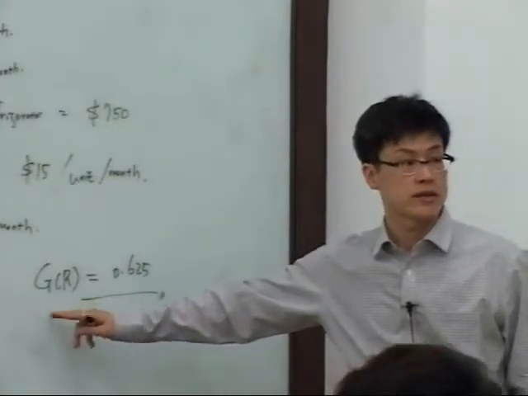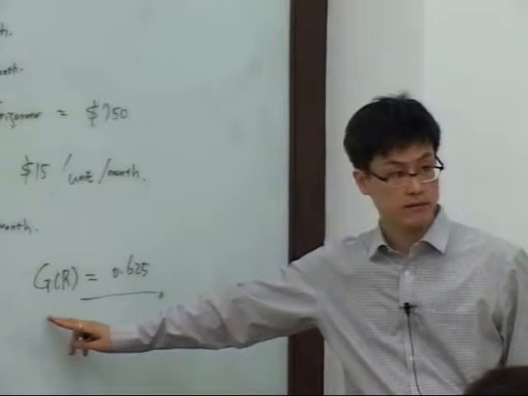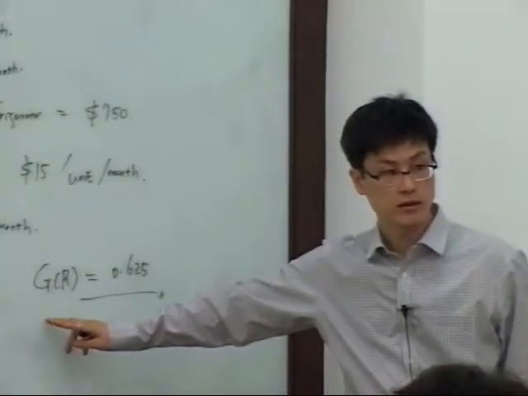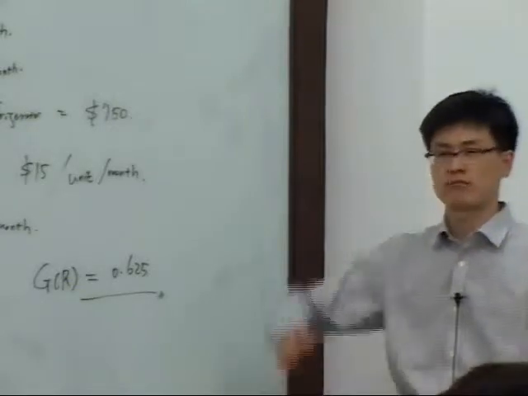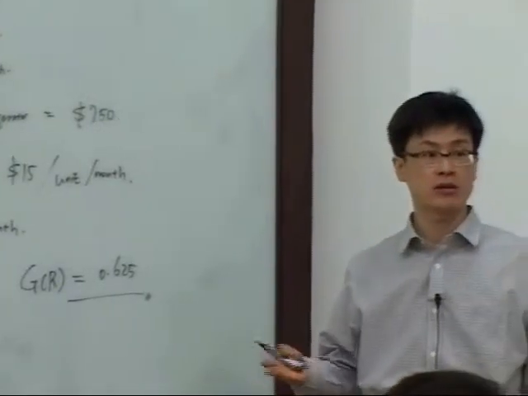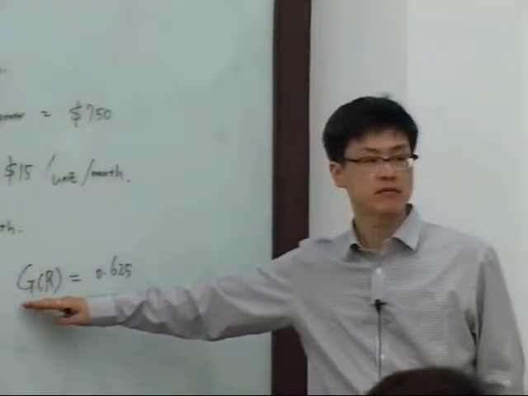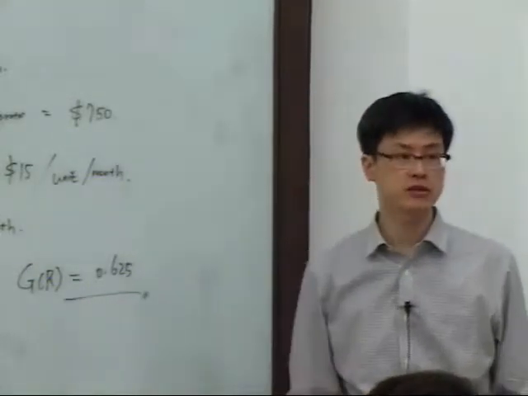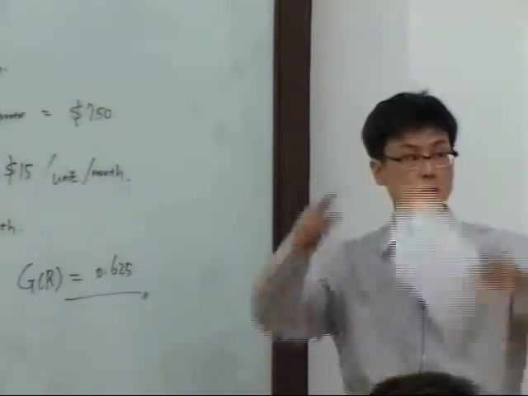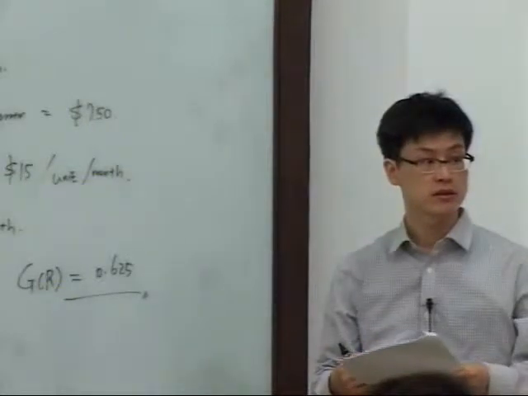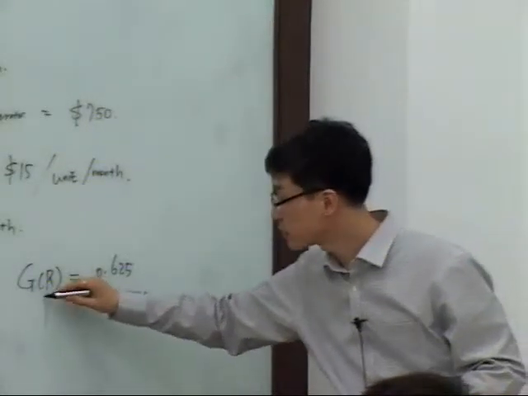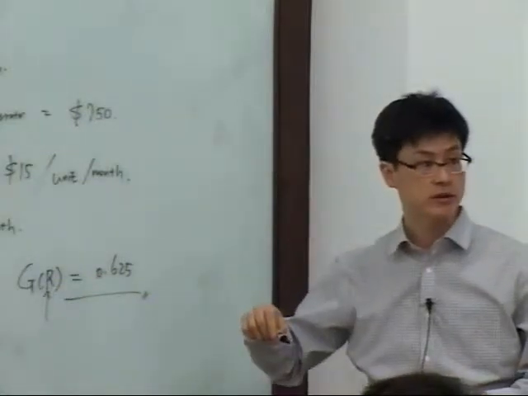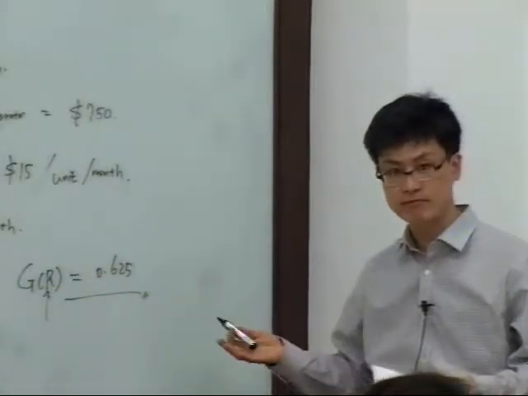G(R), this is the CDF, right? Let's assume that whatever it is, if our CDF follows a normal distribution, then you know how to do that. In the normal distribution CDF table, you can identify this value and read the corresponding value out of it, right?